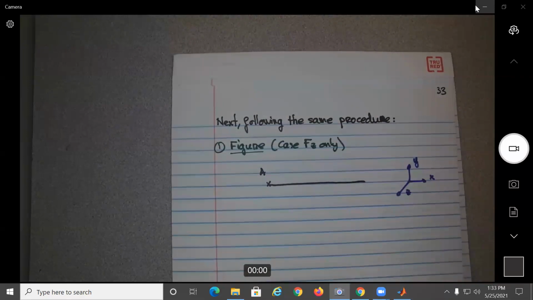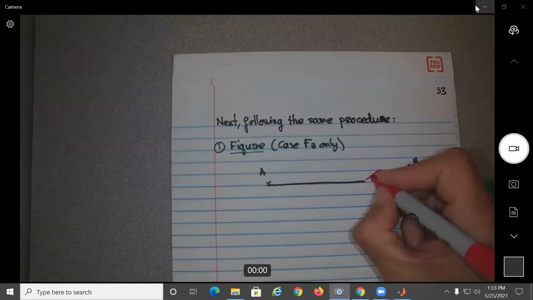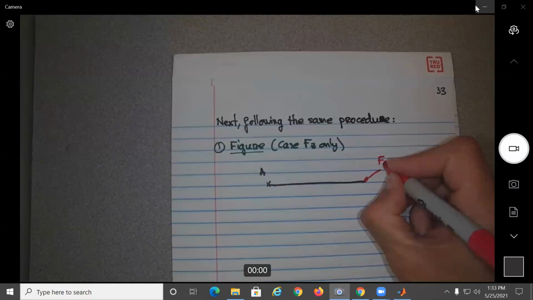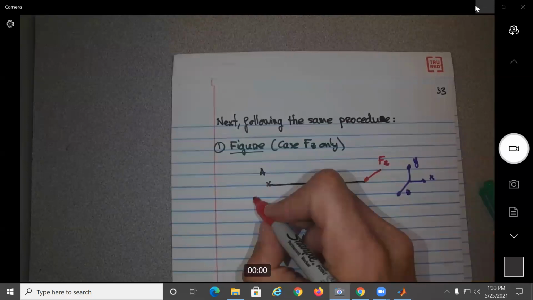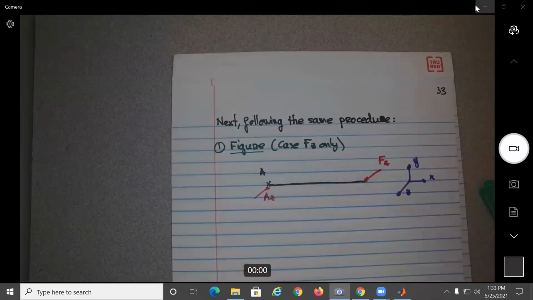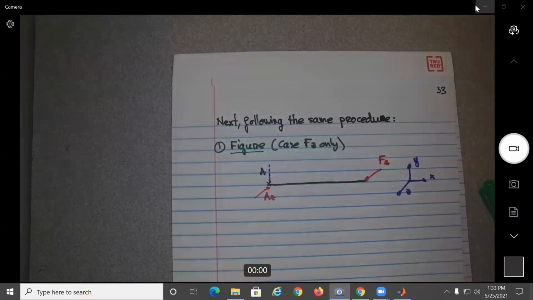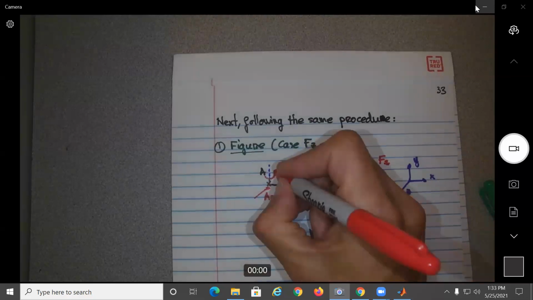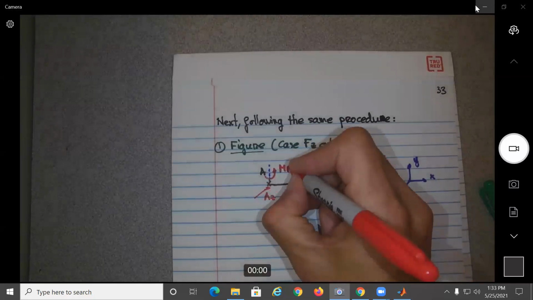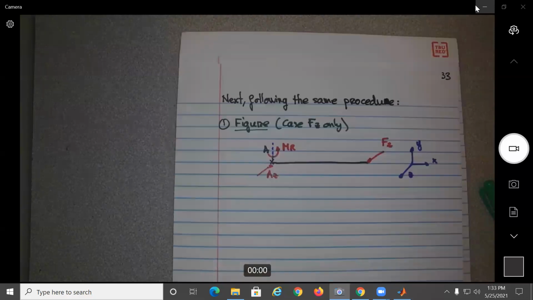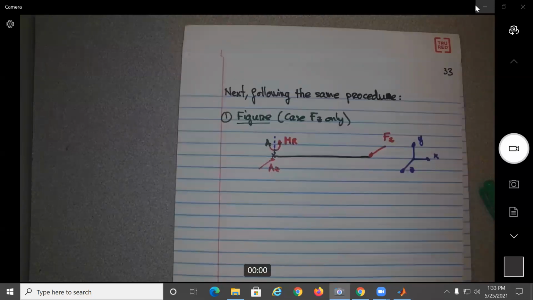We have Fz, Az, and this force is going to create a moment about y, no? Yeah. So I do counterclockwise. Here, let's say this will be Mr again. It's exactly the same as the other one.